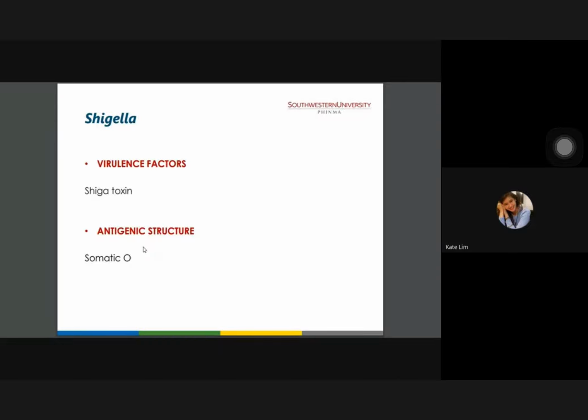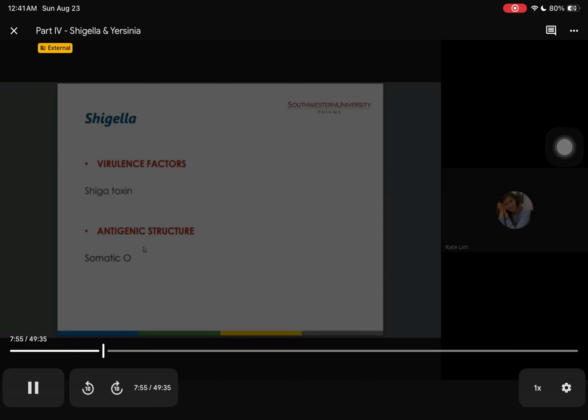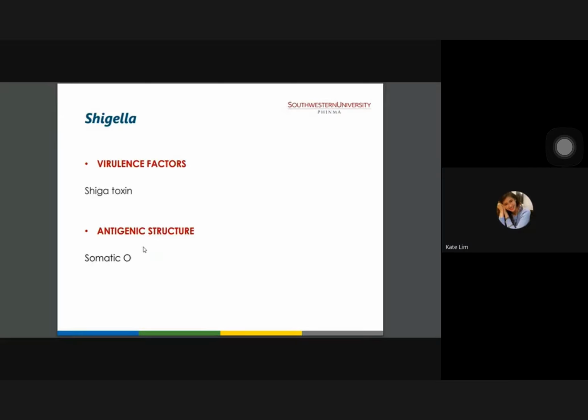So Shiga toxin plays a critical role in the pathogenicity of Shigella, even though we have only two virulence factors. That includes the antigenic structure and the toxin of Shigella. Shigella causes one of the most severe types of diarrhea, and that is dysentery.